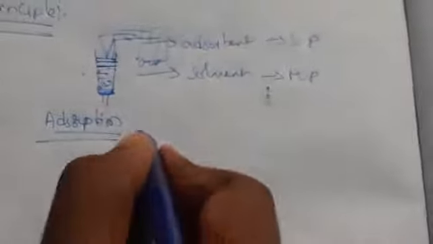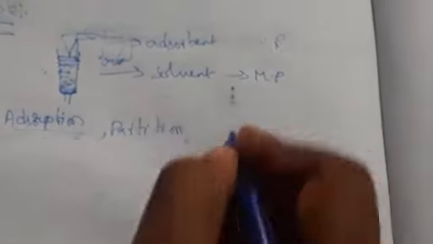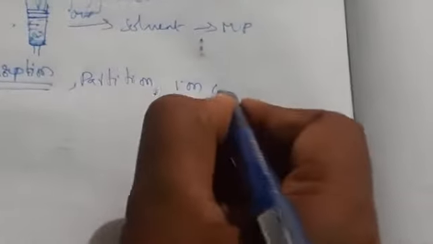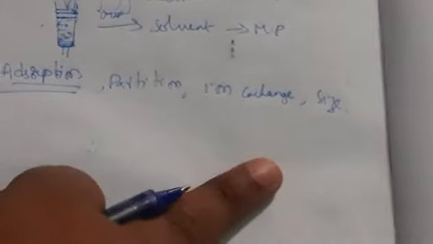Now what happens in HPLC? It will undergo adsorption and also partition, ion exchange and size exclusion chromatography. So HPLC depends upon these four principles: the adsorption principle, partition principle, ion exchange principle, and size exclusion principle.